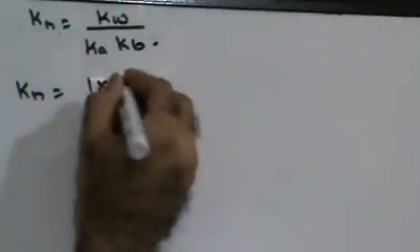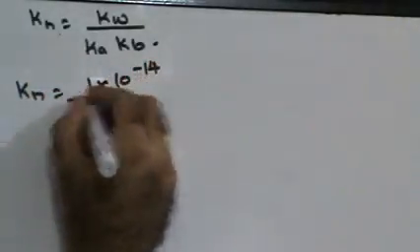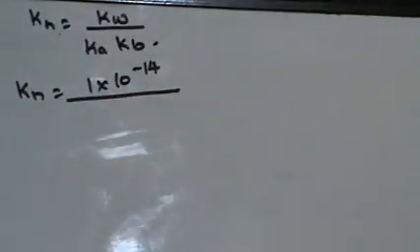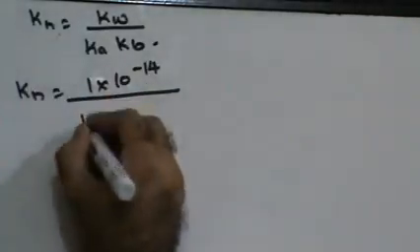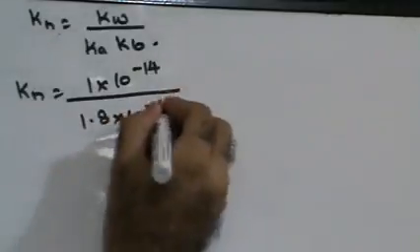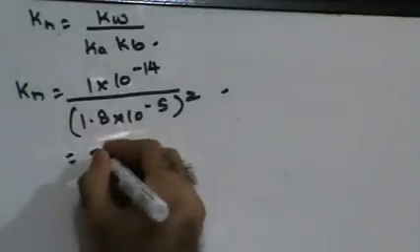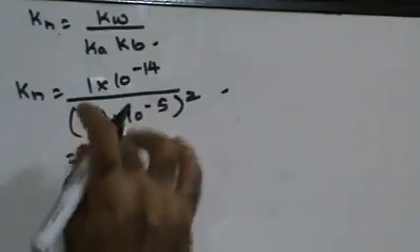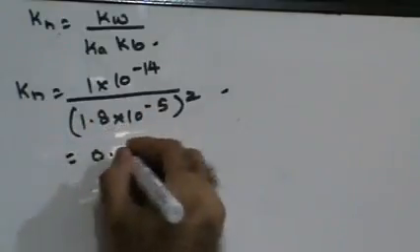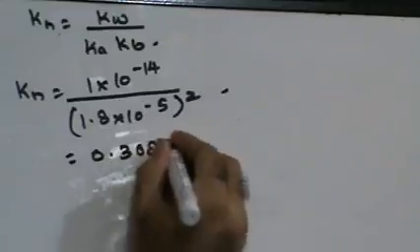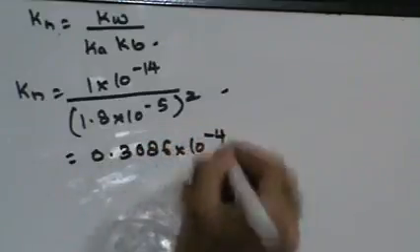So therefore I can say Kh is 1 into 10 raised to minus 14 upon Ka and Kb, given as 1.8 into 10 raised to minus 5 the whole square, because Ka is equal to Kb. When you solve this, you will get your value of Kh to be 0.3086 into 10 raised to minus 4.